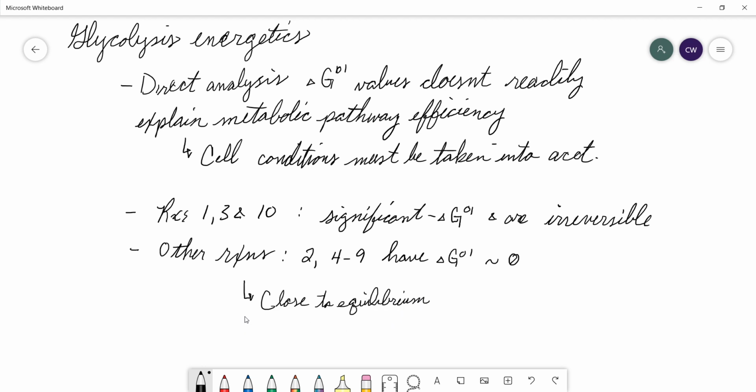And that also means that they are reversible without much effort.